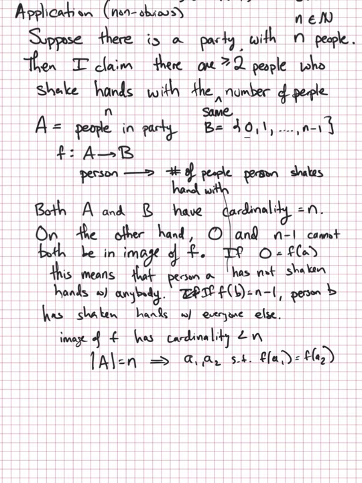Okay, so every application is kind of like this. You get some sort of seemingly surprising coincidence, right? People that have shaken the exact same number of hands, and the reason is just that there's more input than there are possibilities.